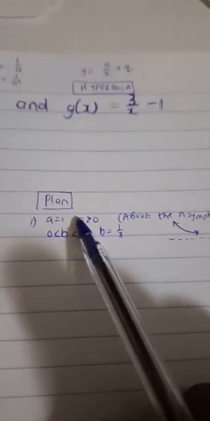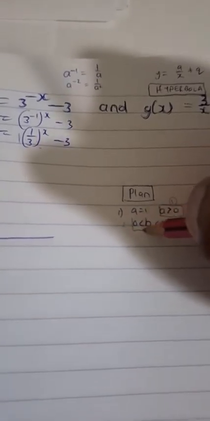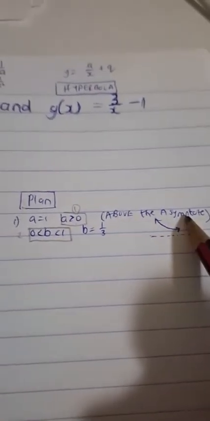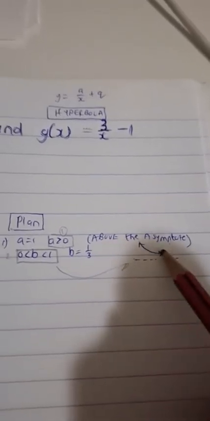Because of the fact that 1, a is greater than 0, and 2, b is between 0 and 1, because of these two beautiful conditions, I know that my function will be above the asymptote, but it will be a decreasing function. So that is the shape I am expecting the function to have.